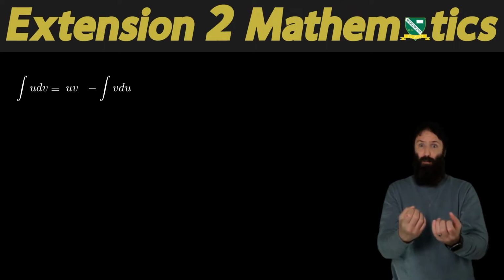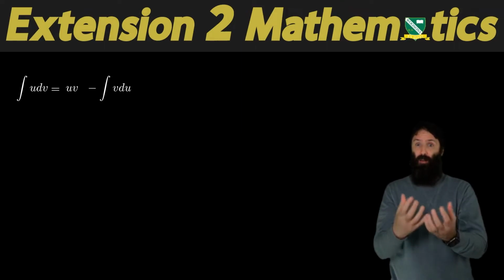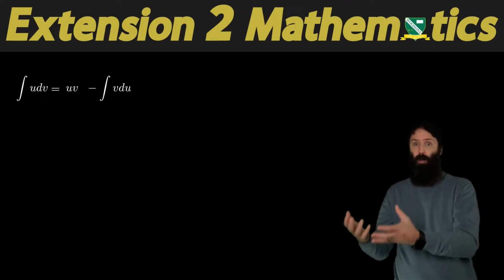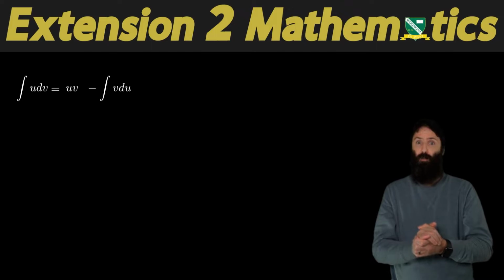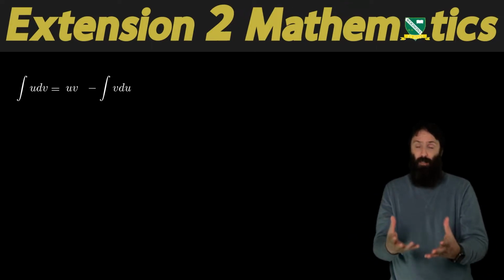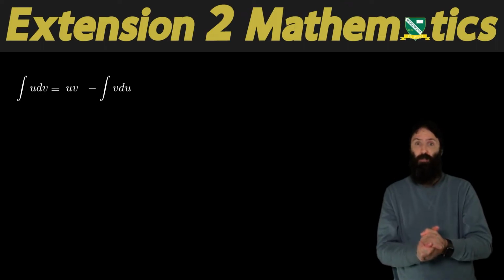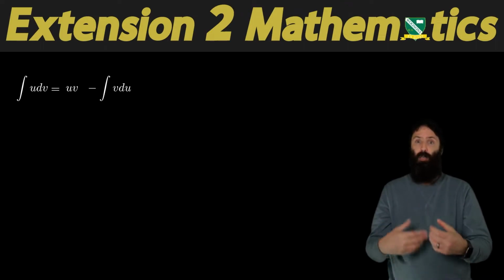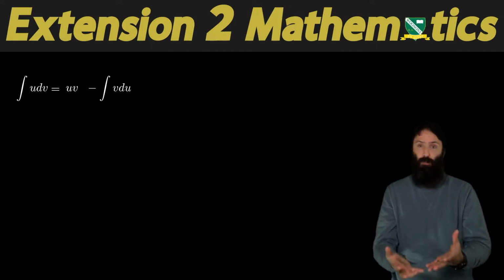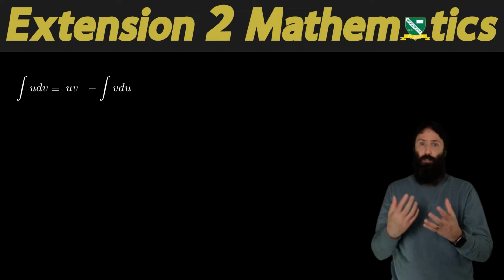If I can work out what u and v are themselves, then the integral of u dv/dx is equal to uv minus the integral of v du/dx. And hopefully that second integral is something I can solve. Either it's straight away a standard integral on my reference sheet, or it is something I can manipulate with partial fractions or substitution or something like that.